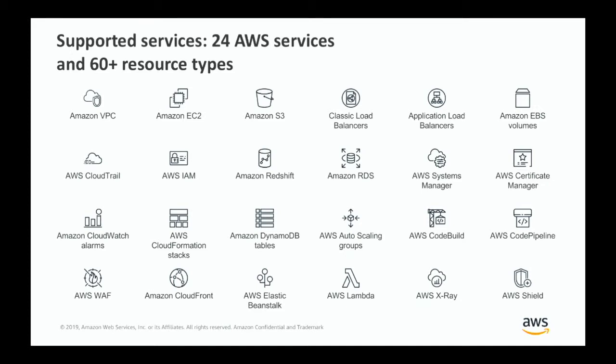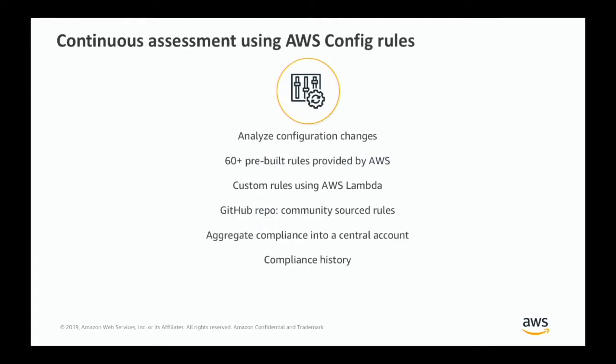And like I said, we will show you the history of these state changes. And then with Config rules, as mentioned, you can analyze these changes and automatically respond to that. We also have a large collection of pre-built rules. A good example is you most likely don't want to have an S3 bucket that is world writable, right? Or maybe not even world readable, right?